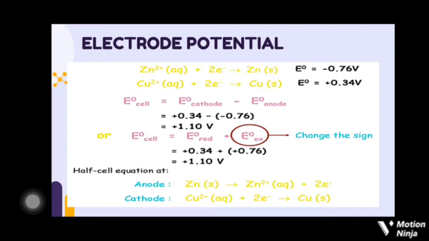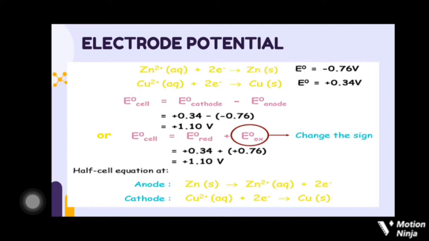For reduction or cathode, we have copper, which has 0.34 volts, plus the oxidation or anode, which is zinc, that has negative 0.76 volts, but since you are using this formula, you go directly into the positive sign. So it will become positive 0.76, and you add all of that and you will get positive 1.10 volts in the overall cell reaction of copper and zinc.